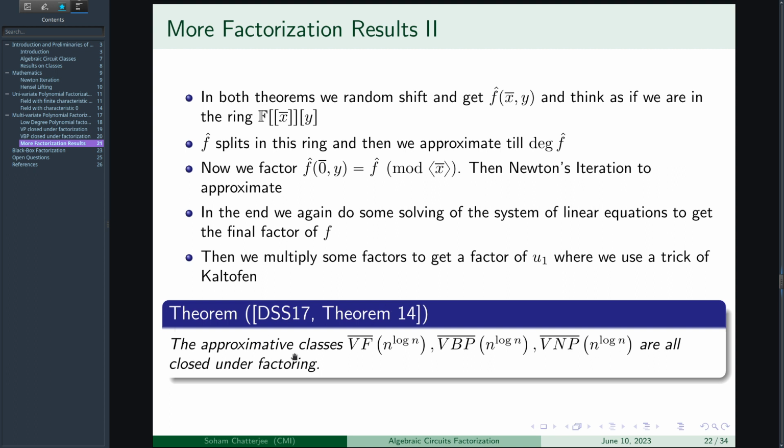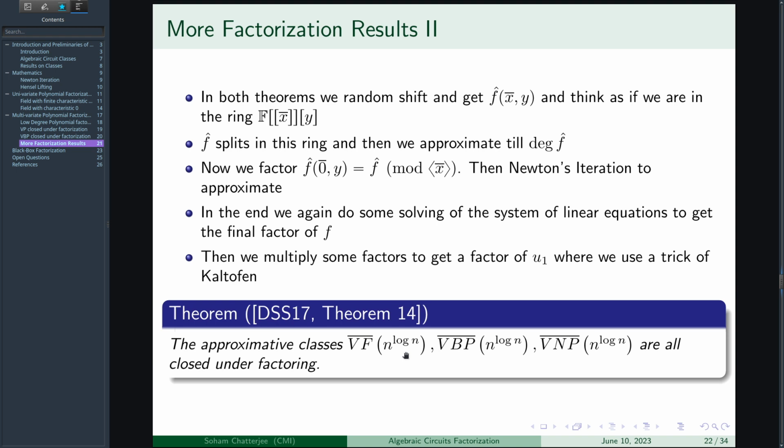They have also shown the same closure results for approximative classes. In approximative classes, previously we took the coefficients from the mentioned field, but here we introduce a new variable, suppose epsilon, and take the rational function field F(epsilon). So previously you computed f, but here you are computing f plus epsilon times f1 plus epsilon squared times f2 plus epsilon cubed times f3 and so on.